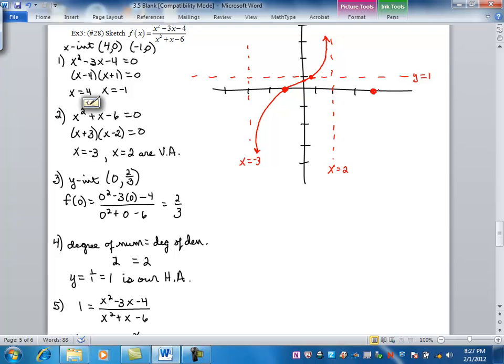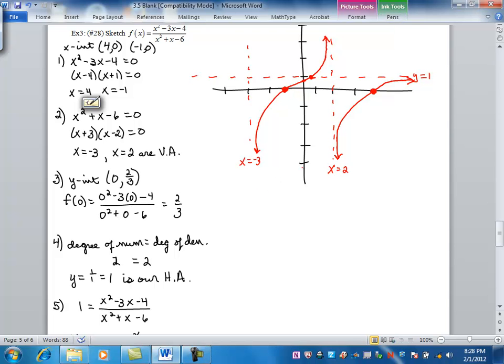We know here that the graph has to be going close to that horizontal asymptote, and over here it's got to be bending down and getting close to the vertical asymptote. So the only thing that really remains to be seen is what's going on with the graph over here to the left of x equal negative 3.